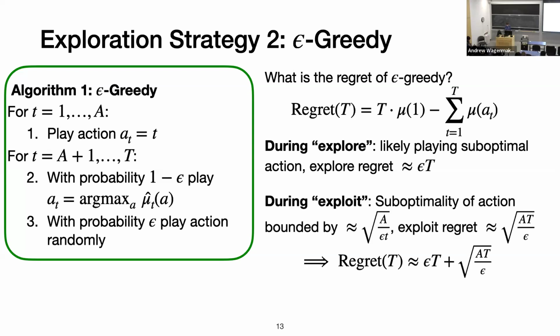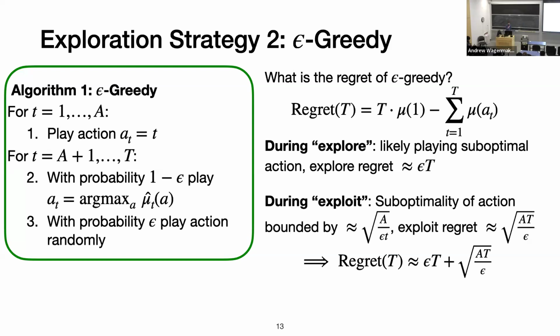Now for the exploit phase, I won't go through this calculation here, though we'll go through it a bit in the next couple of slides. But you can show that, roughly speaking, if you're exploiting, the suboptimality of the action you're playing is bounded by the square root of A over epsilon times t.